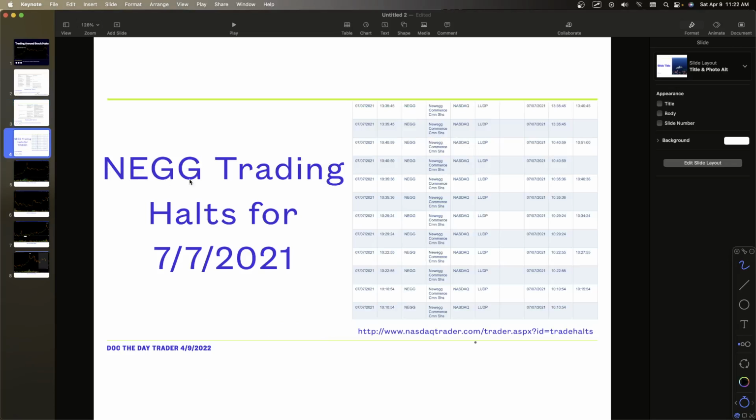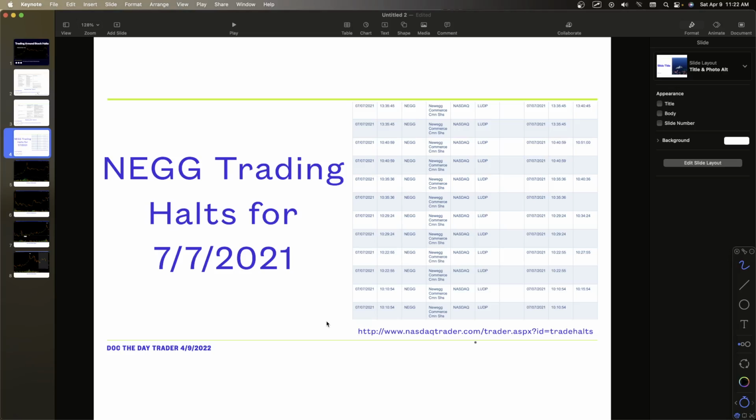So we're going to go over NEGG. Here are the trading halts for July 7th of last year, and that's something you can do. You can go to this website right here, NASDAQtrader.com. It's a big long nasty URL, but that's what it is. If you don't have a halt scanner, you can keep that up.